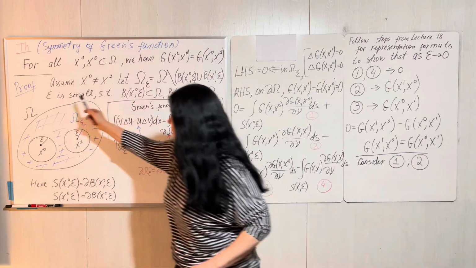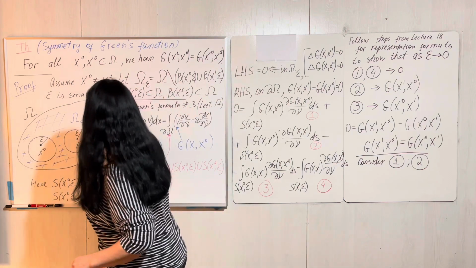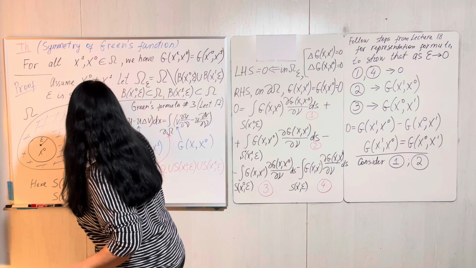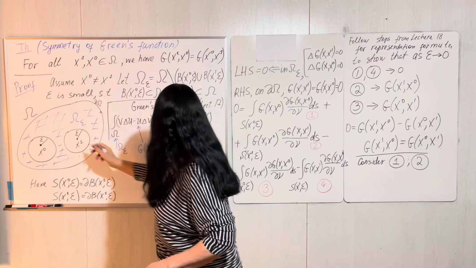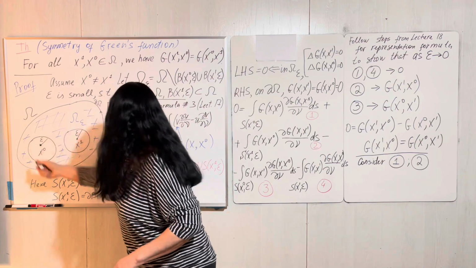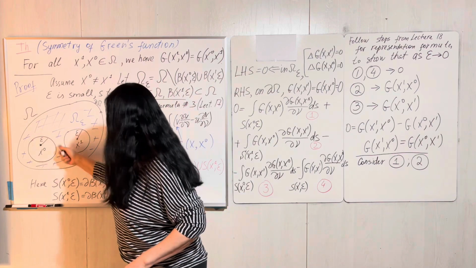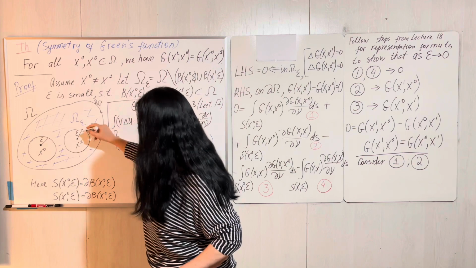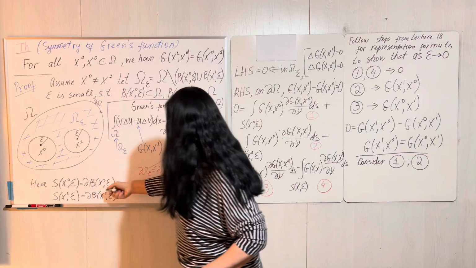It will be this boundary d omega, and then we will have these two boundaries: S x0 epsilon, the boundary of the ball centered at point x0, and S x1 epsilon, the boundary of the ball centered at the point x1.